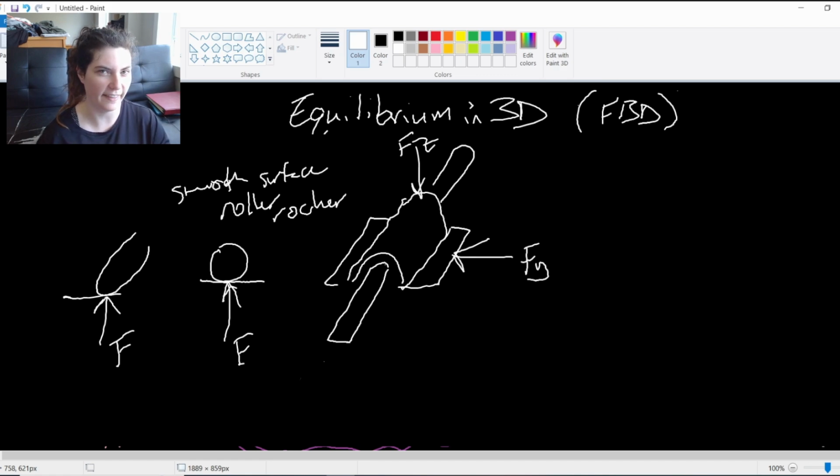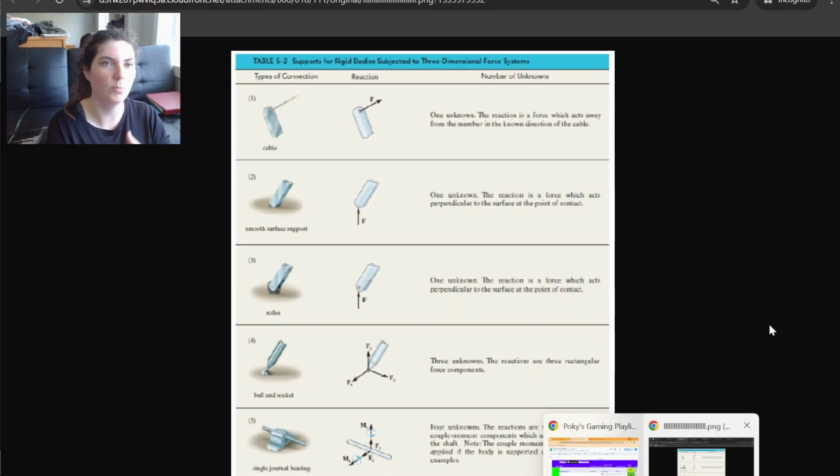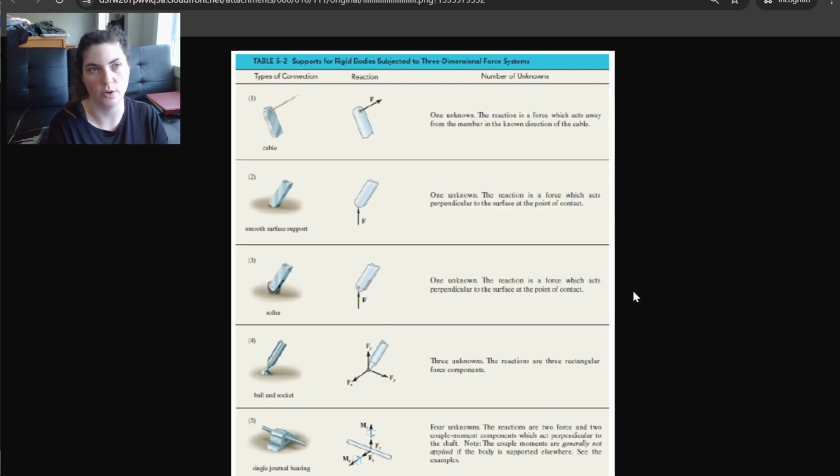If this is the only thing there, it might have other moment reactions, but if it's part of a larger system, it just has these 2 support reactions, which is usually how you'll see it. It's a little confusing to know when there are moments and when there aren't, but your book does have a table of a larger assortment of things than we're going to talk about here: what type of thing it is, which forces you use, and notes on when the moments may or may not be acting.